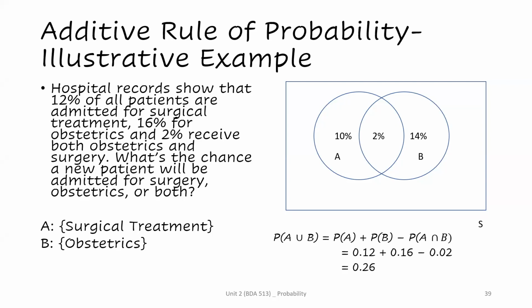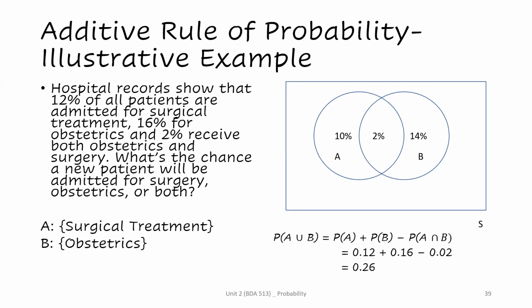The same is also true for obstetrics. The total is 16%, but out of this 16%, 2 also do surgical. That's why the intersection is 2. So for B only, those admitted for obstetrics only is 14%, and the total for obstetrics gives you 16%. So this is how it looks.